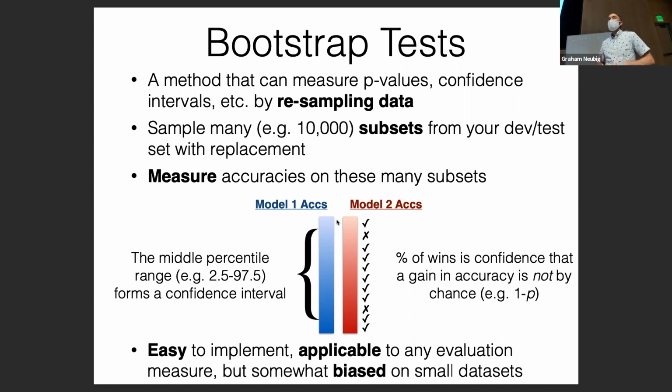Oh, if you retrain? Yeah. So one thing to note here is that this is taking into account variance due to the sampling of the data. So basically what it's taking into account is, if you had a new data set that was sampled in the same way, would you expect to see a similar difference that you saw here?